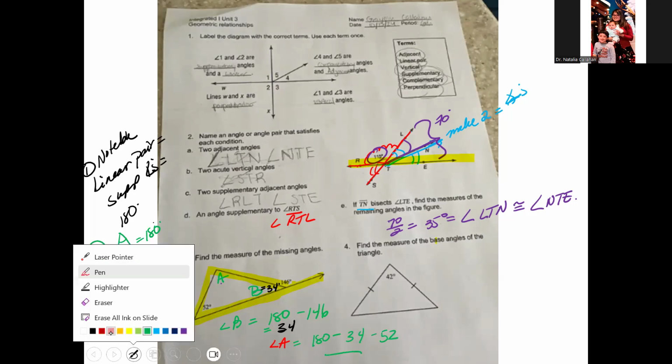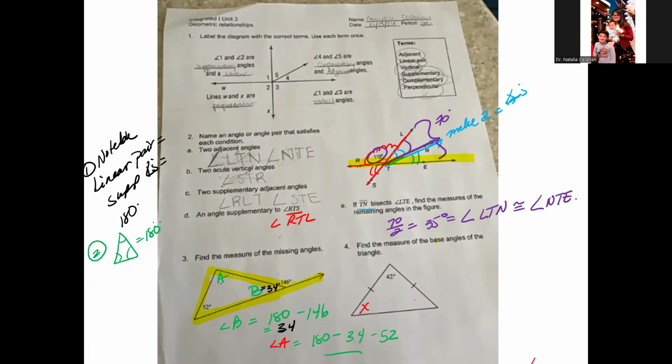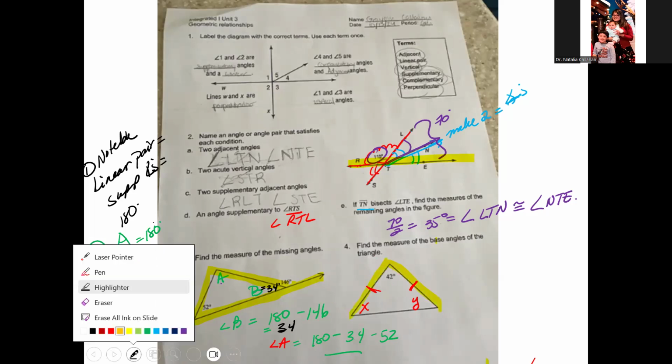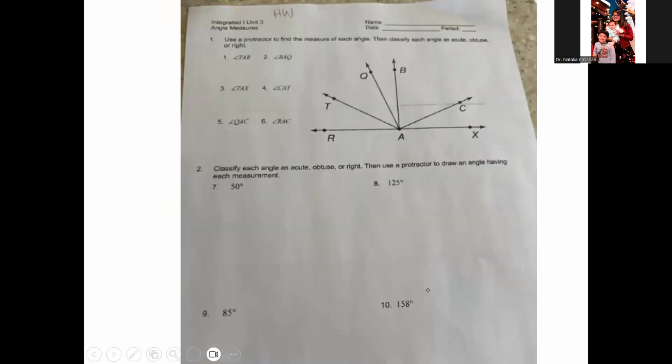All right, next one. So let's say this is X and this is Y. Do you see how these two sides are equal? If those two sides are equal, the opposite angles of those sides are equal as well. That's one of the rules. Did she ever go over that rule with you? No. This side right here, the opposite angle of that side is Y. What's the opposite angle of green?